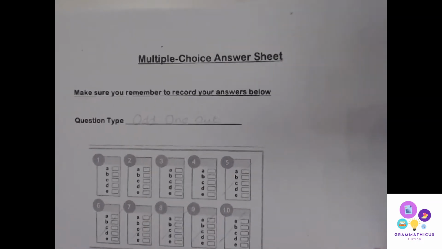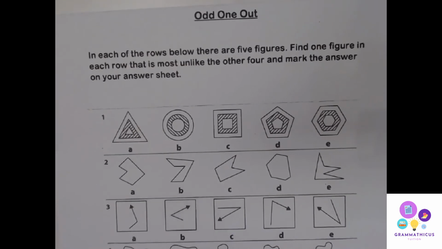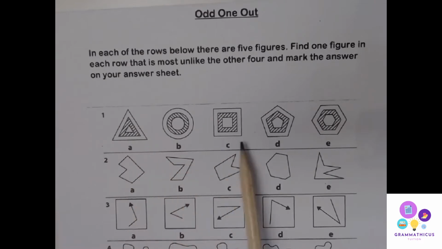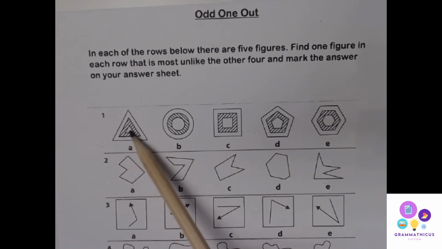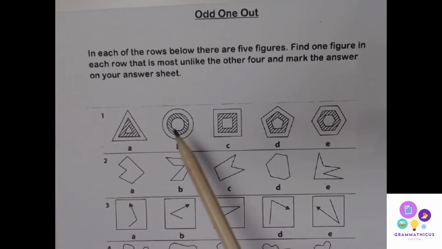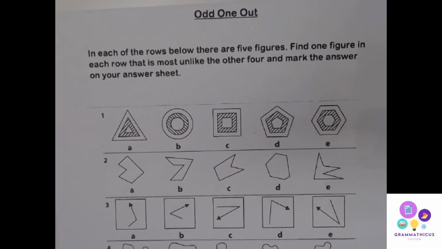Okay, let's consider the first question. So if you remember, we're looking for things that are different. Well, if we consider question 1, we can see that each figure here is made up of 3 layered figures, the same shape layered on top of each other, and we've got 3 of those in each case. So those are the same, it's not a difference.